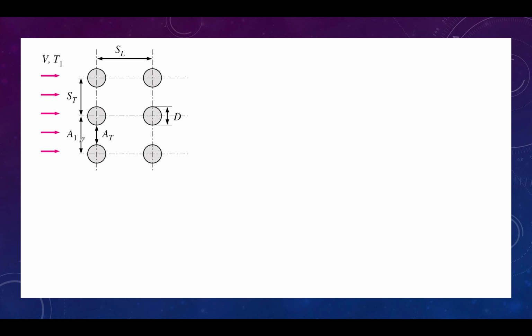What we want to find is Vmax. We use conservation of mass: mass flow at 1 equals mass flow at T. At this point, the area AT is much smaller than area A1, so AT has Vmax.